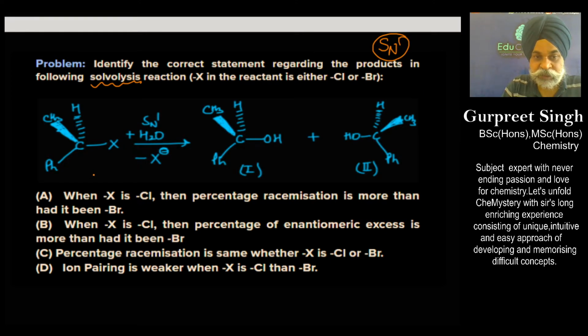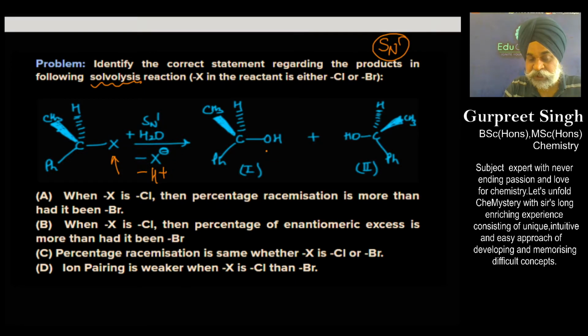Now here in the question, this is being given. This is X and this X has been replaced by OH, because the OH of water has displaced this X negative, and along with it H positive, HX has gone out.